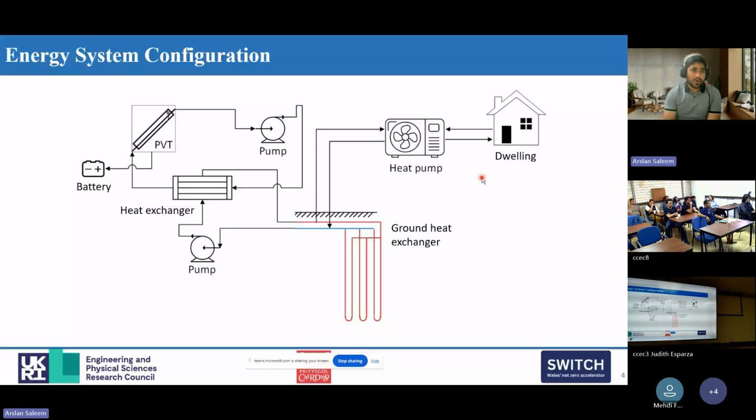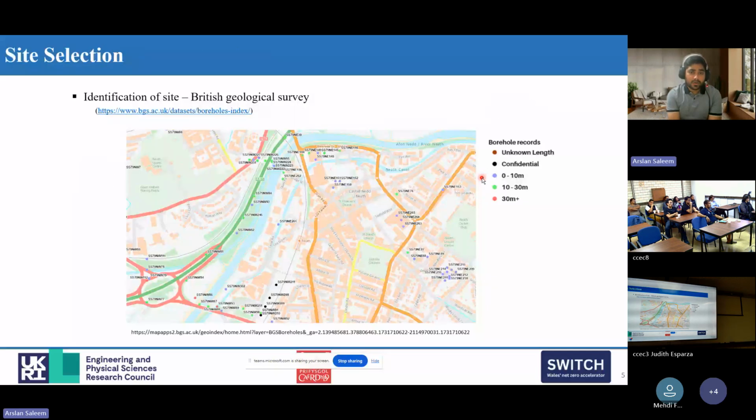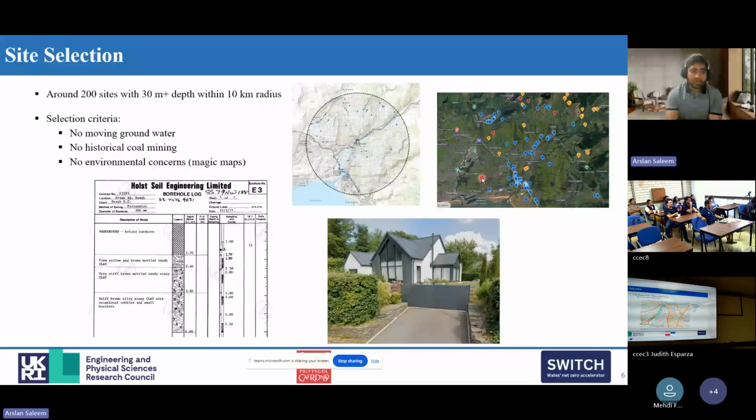Moving forward, for the site selection of the boreholes, the British Geological Survey was used. This site has the data sets of all the boreholes in the country, so we gathered the information of all the boreholes in the region. This particular work focused on the Neath Port Talbot area, where around 200 sites with 30-meter depth were narrowed down within a 10-kilometer radius.